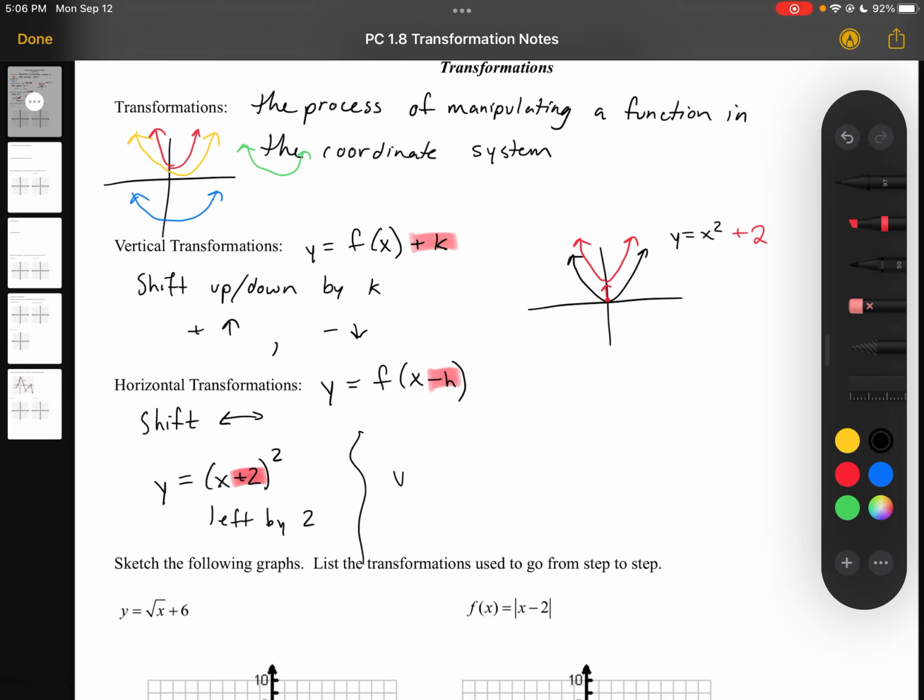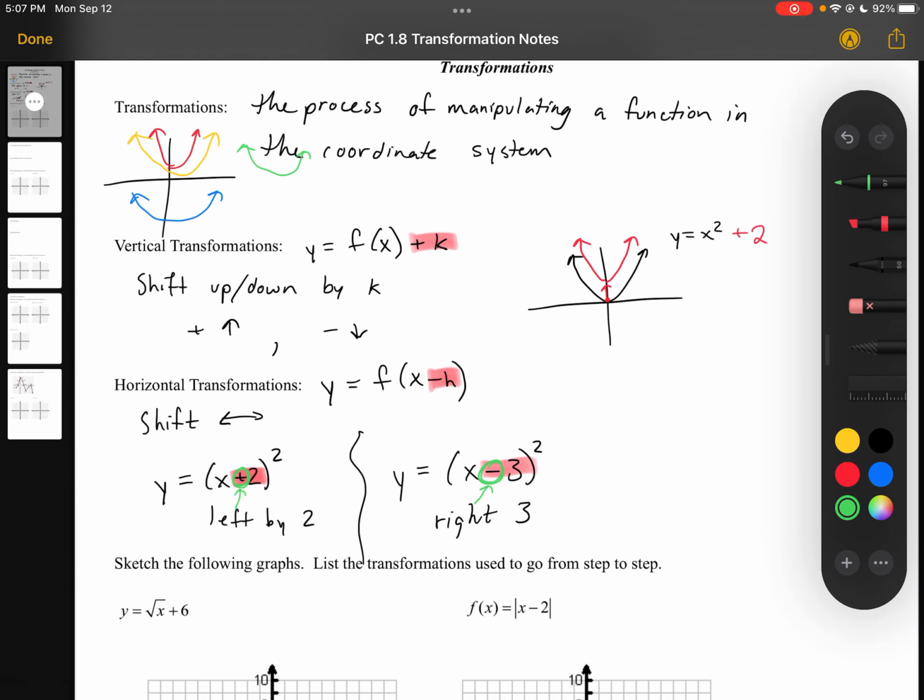And secondly, if we had something like y is x minus 3 squared, this is going to move us to the right by 3. And it has everything to do with the sign. So negative signs inside of our parentheses move us right. Positive signs inside of our parentheses move us to the left.